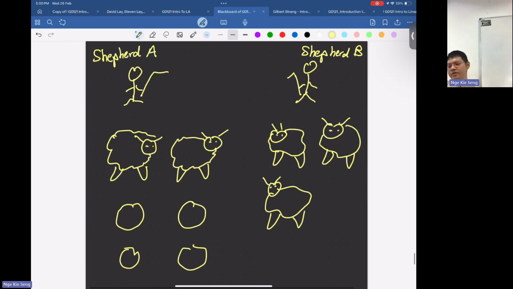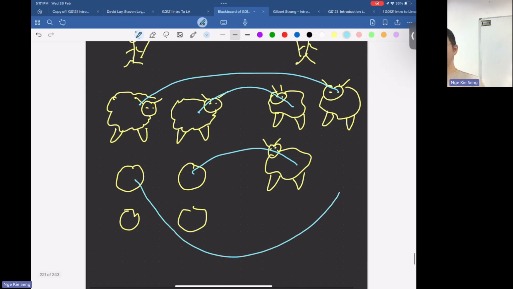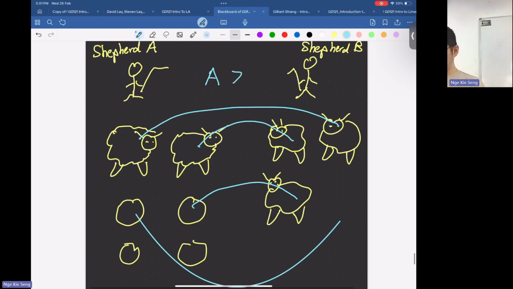They raise a herd of sheep, and they want to compare who has more sheep. How to compare? You got one, I got one. You got one, I got one. I got one, you have no more already. So I know that A has more sheep than B.